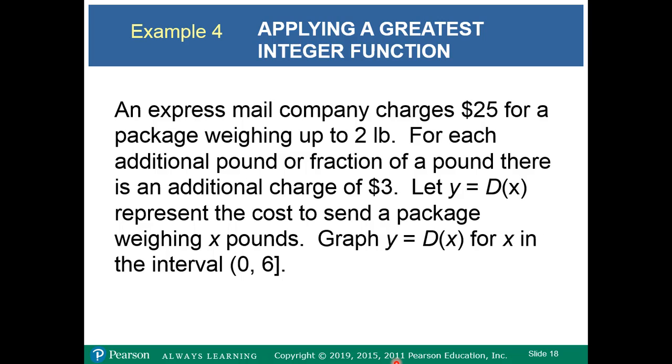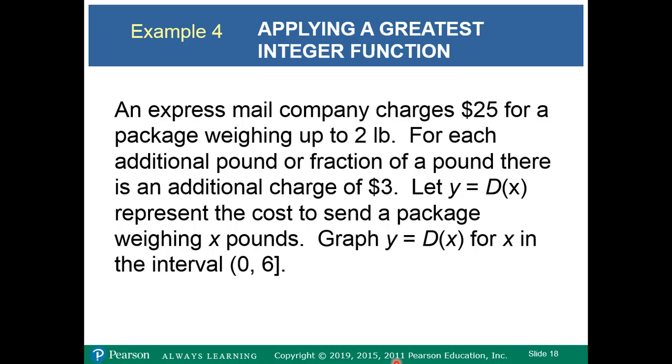So now, an express mail company charges $25 for a package weighing up to 2 pounds. So it says up to 2 pounds, you're going to pay $25 for the package. For each additional pound or a fraction of a pound, there is an additional charge of $3. So we're going to let y equal capital D of x represent the cost to send a package weighing x pounds.